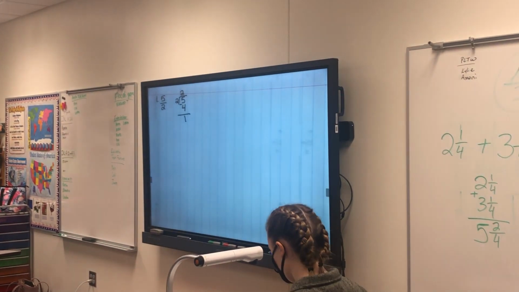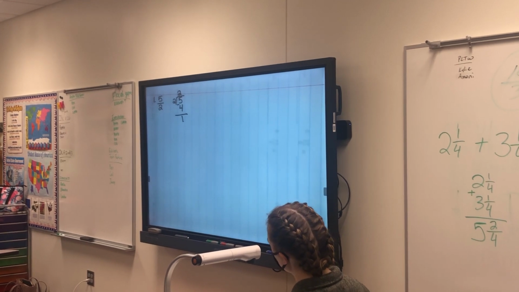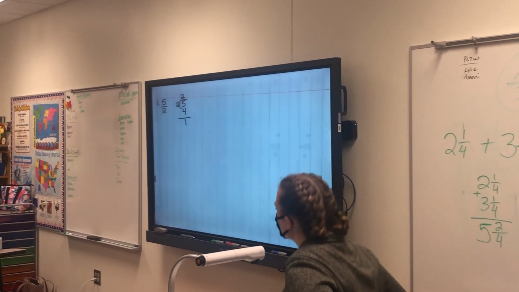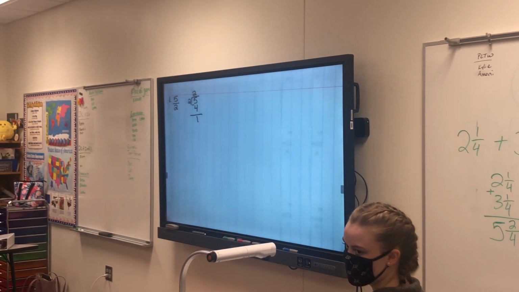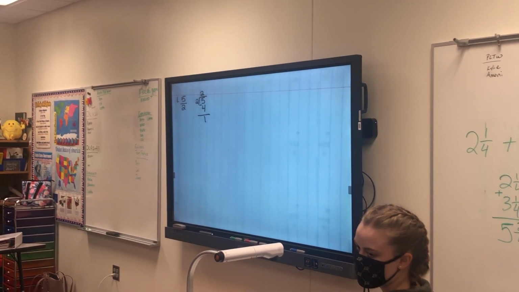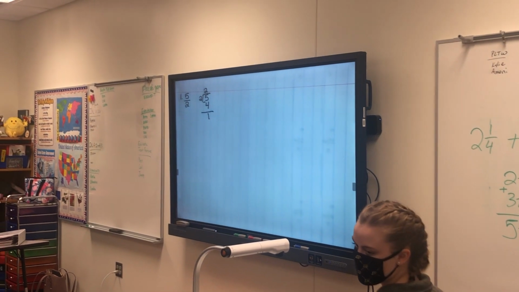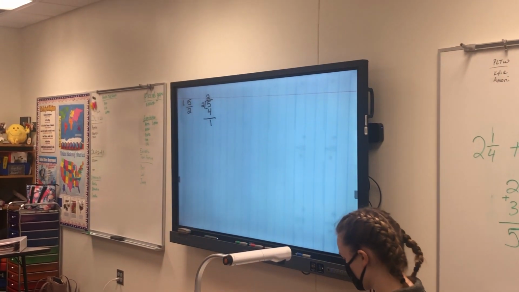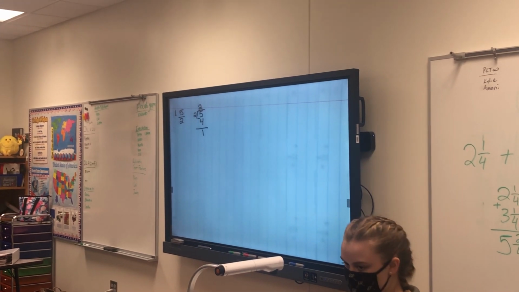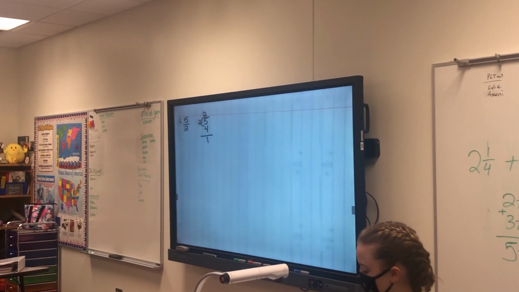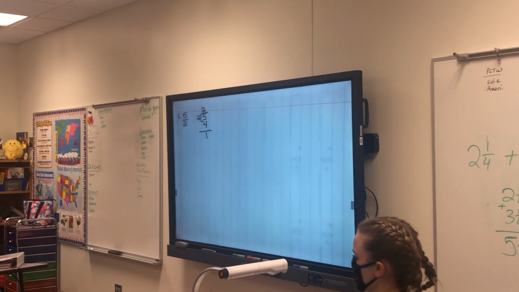Very good. So, let's work on building our mixed number now. What is my whole number going to be, Jalen? For this problem that we're working on right now, what is my whole number going to be? If you're not sure, look at your yellow reference page that I gave you.